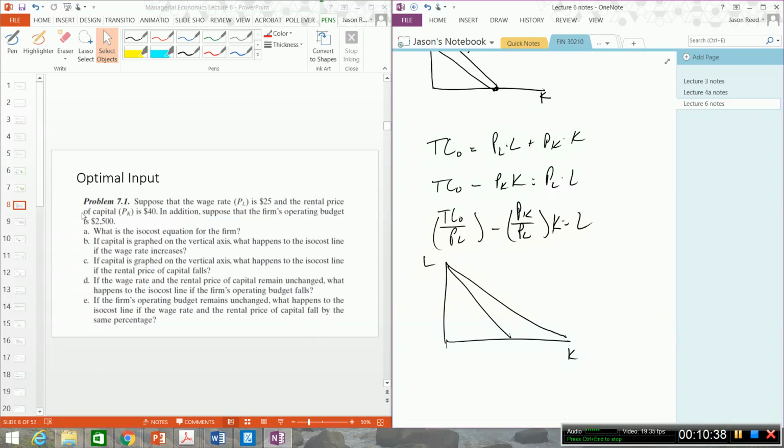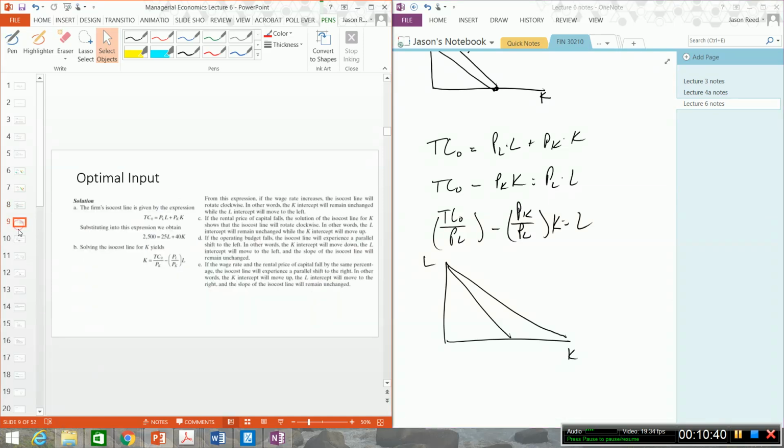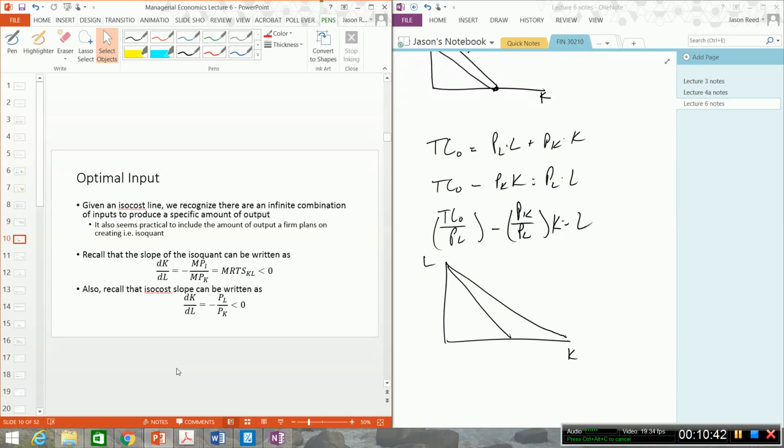So we can move on from this idea to look a little closer at what is the actual optimal input combination now that we have this isocost line. Our isocost line is important. It tells us the combinations of L and K that'll get us to our specific budget. What we realize is this line is made up of an infinite amount of points.